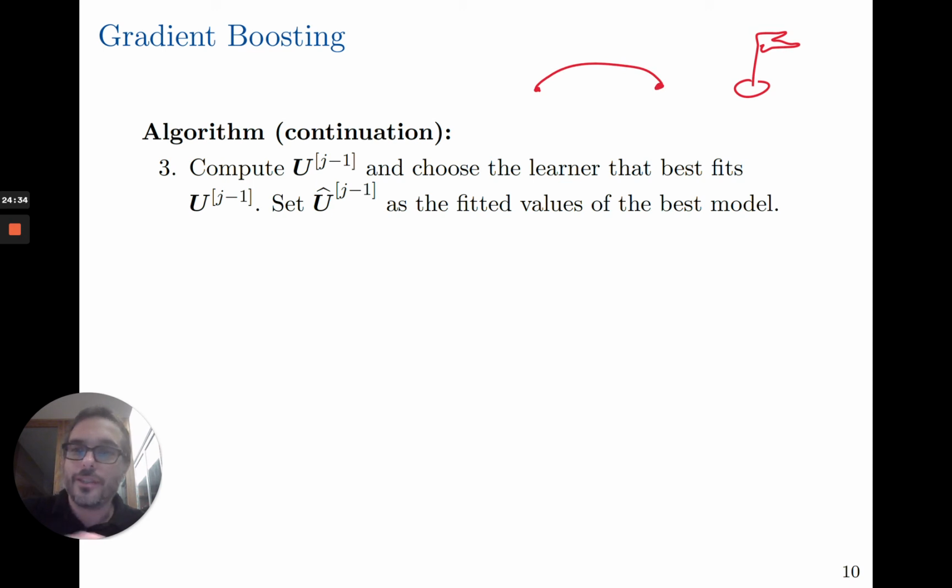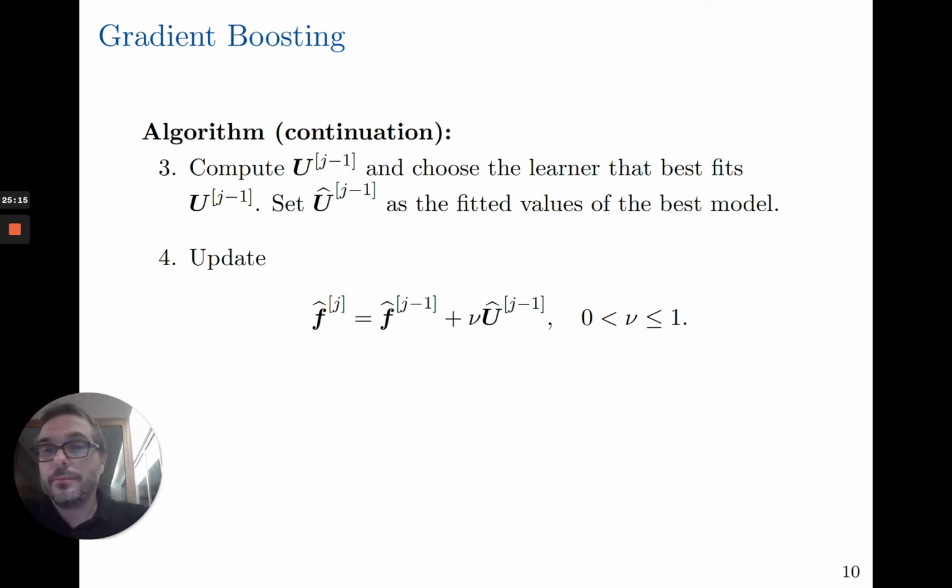So this is our first iteration, and that's the error. So now we want to construct a model to fit the error. We take the weak learner that best fits the residual, the remaining distance. But maybe in one step it won't be enough to get to the hole.